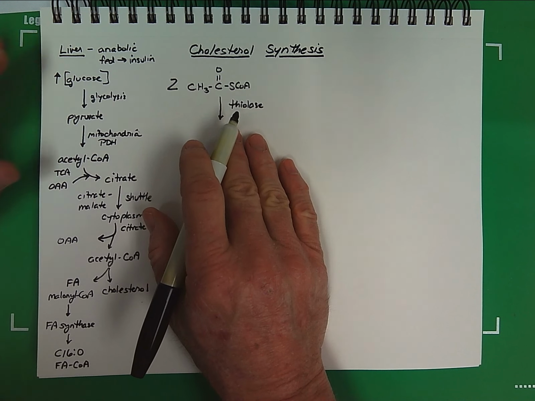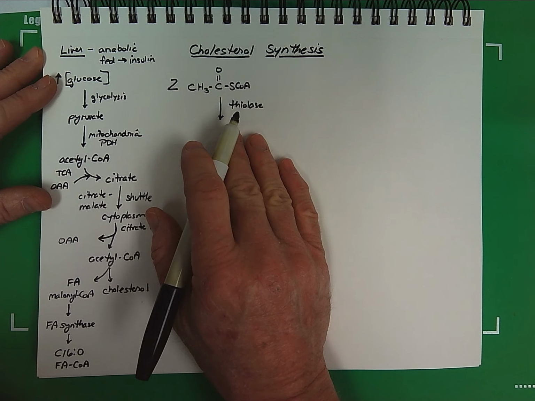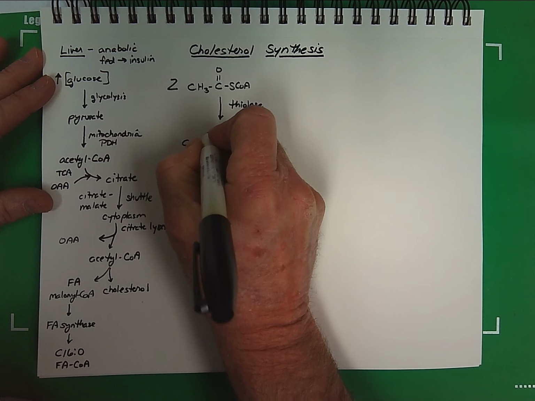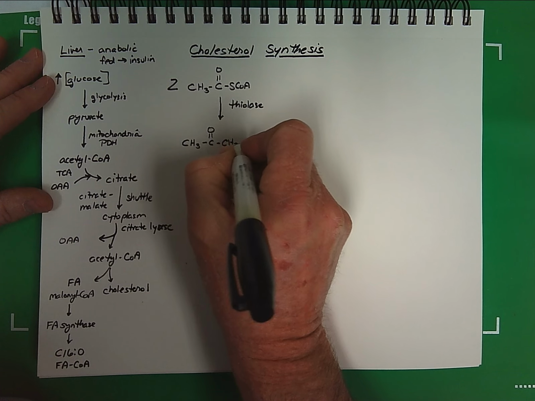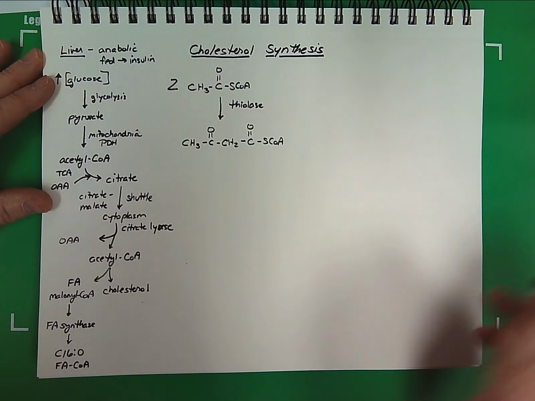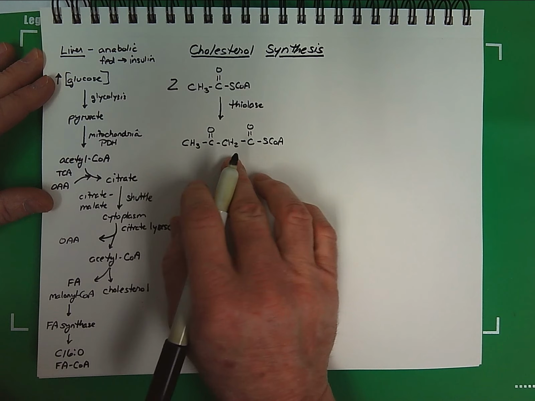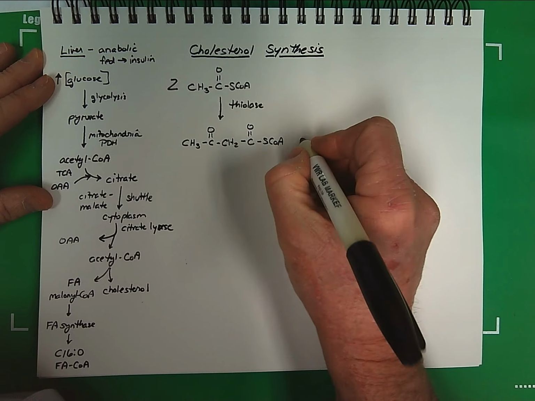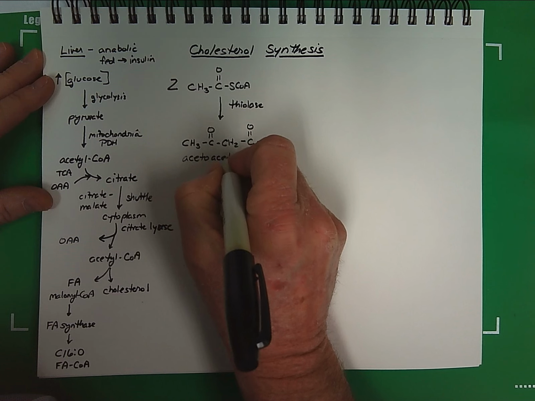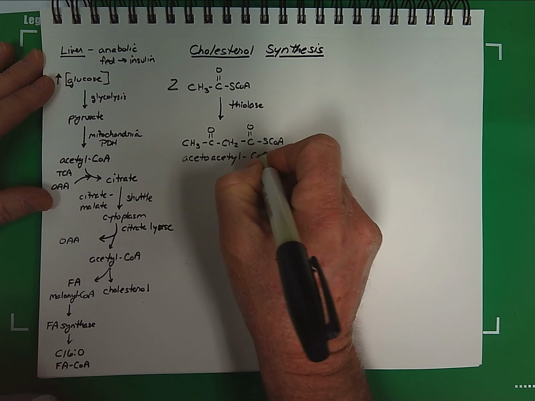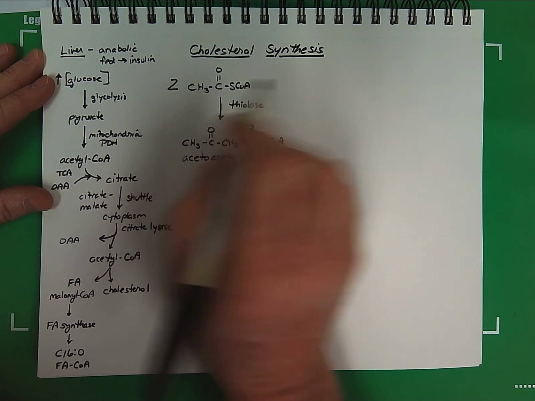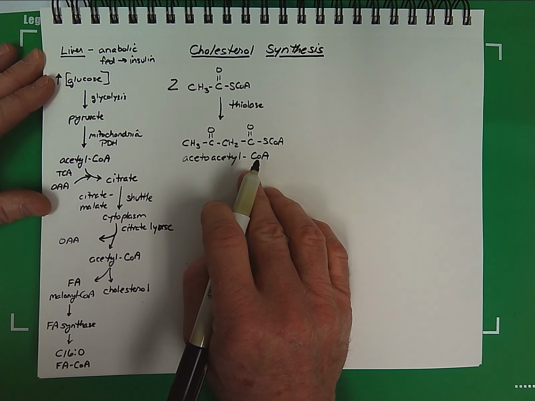So this is simply a reversal of the reaction, a slightly different take on the reaction, and what we will be generating is this molecule, called acetoacetyl-CoA. And again, it's simply condensation of two acetyl-CoA groups into this molecule.